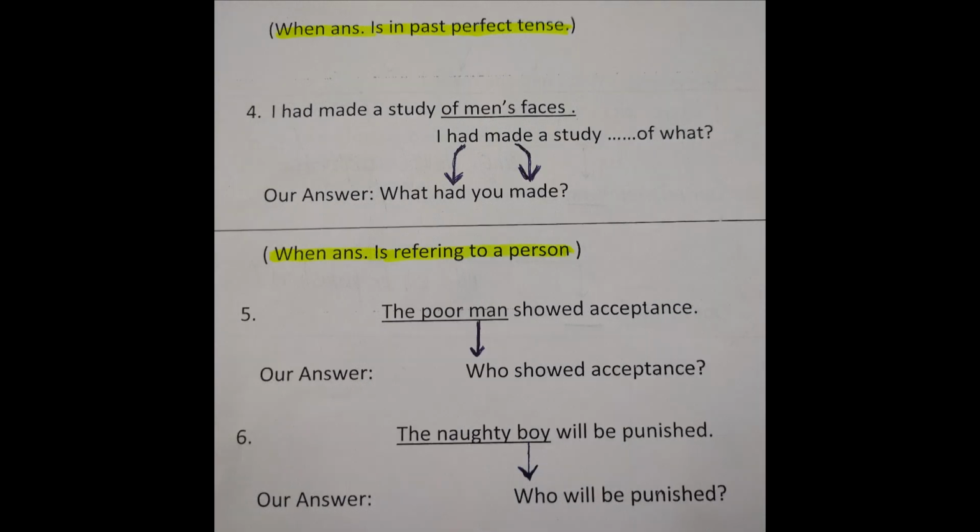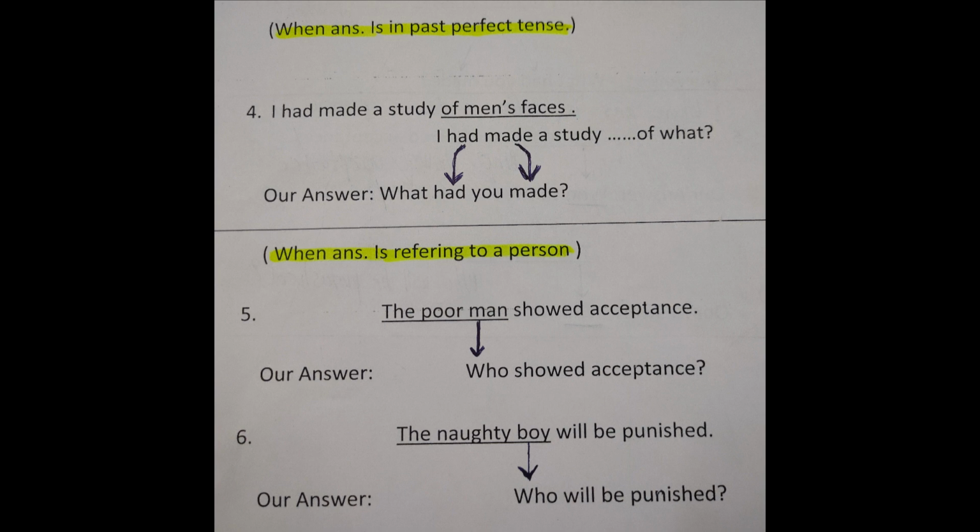Now let's come to one more example. The sentence given is I had made a study of men's faces. Of men's faces is underlined. Means we will have to make a WH kind of a question where the answer is of men's faces. So here we go.